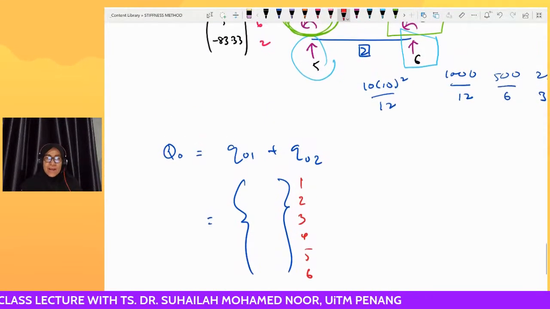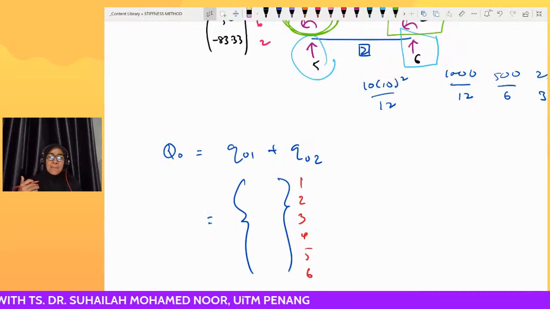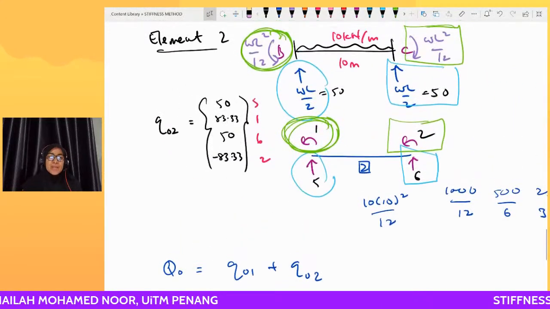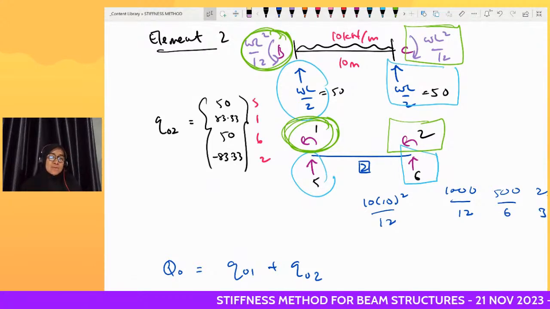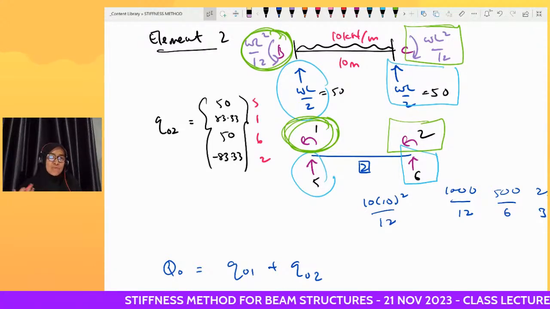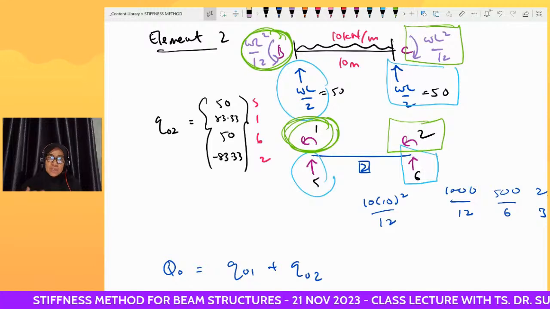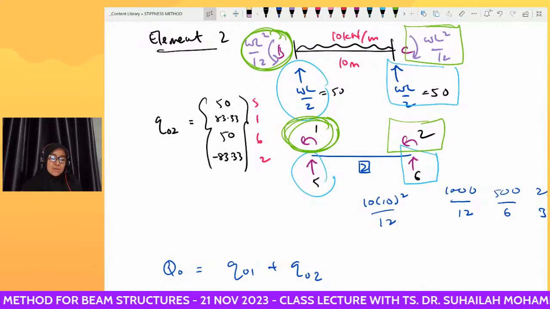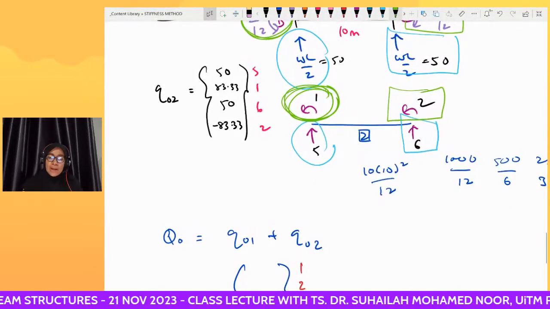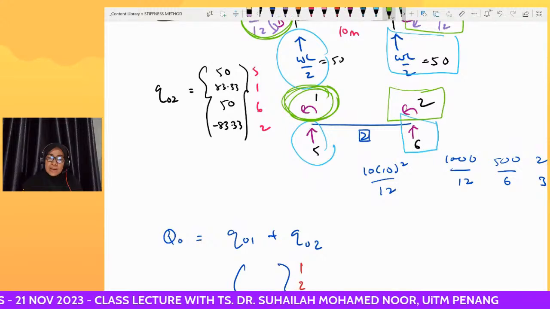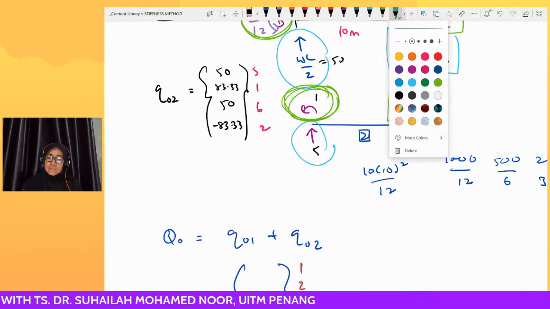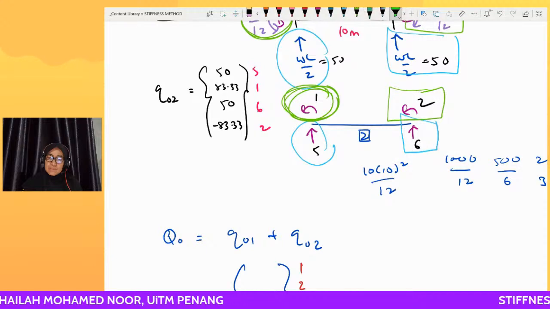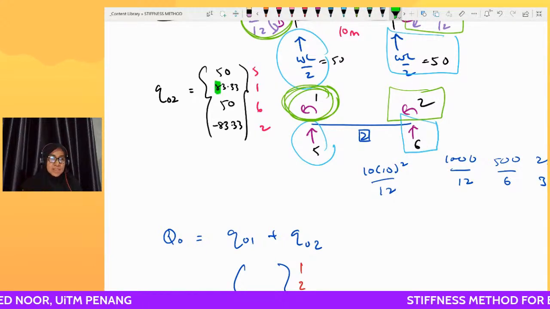Now we find the value at each position from Q naught 1 and Q naught 2. Since Q naught 1 has no value, we just focus on Q naught 2. So position 1 is this value.